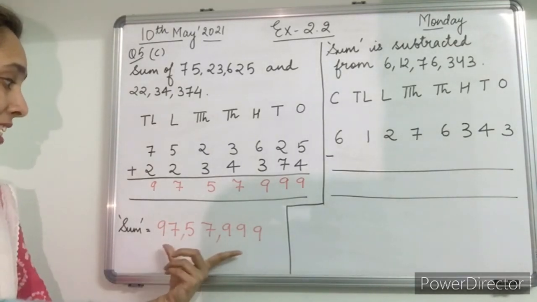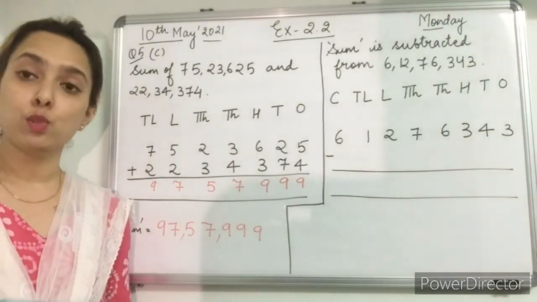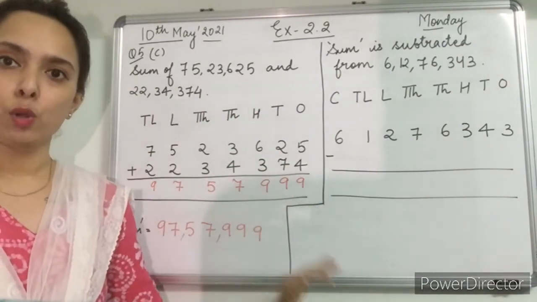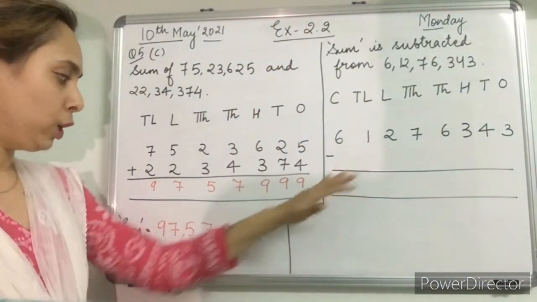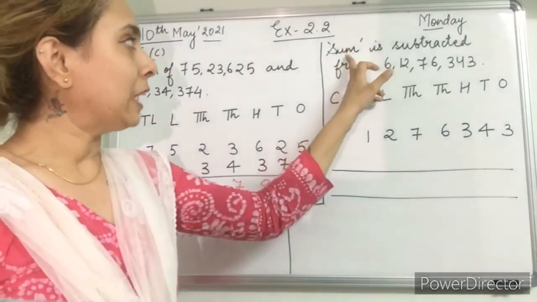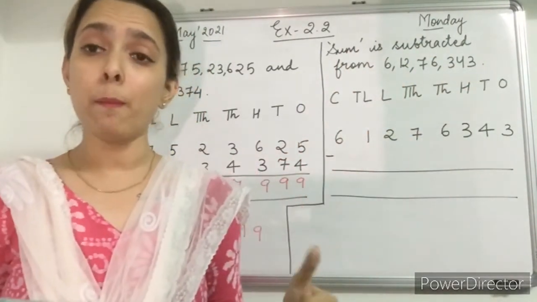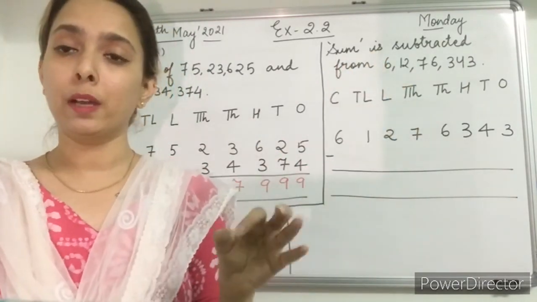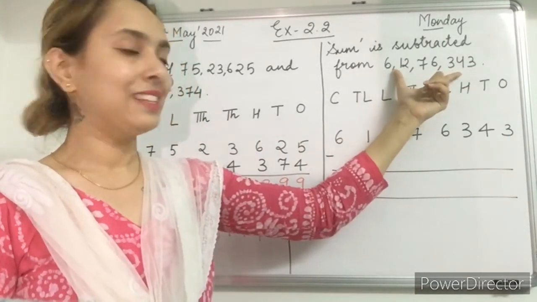So now this sum will be subtracted from the number which is given to us in the question. I don't have space, but in your notebook you are going to do this work on a page and solve this part under this. So the sum is subtracted from this number, which means the sum will become the subtrahend here, and our minuend is this number.